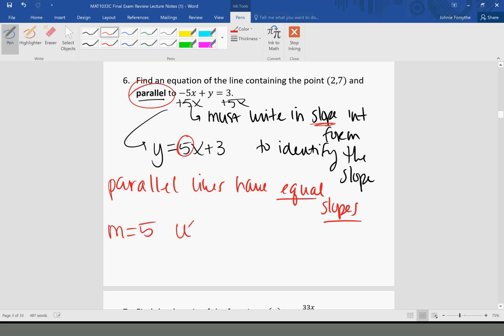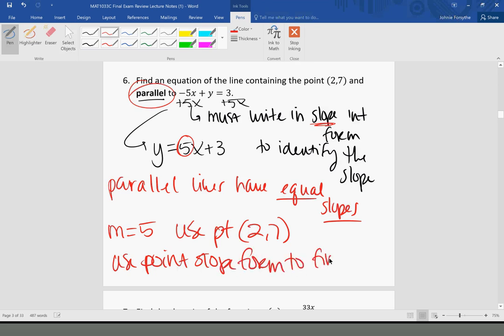And then you would use the point that they give you, and then use point slope form to find your equation. Okay? So I just wanted to go through those steps, but I want to keep going so we can cover as much as possible.